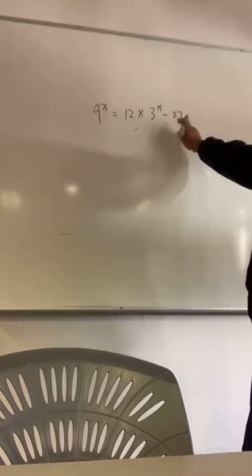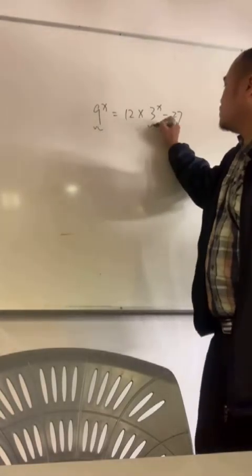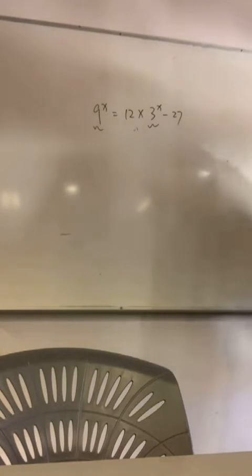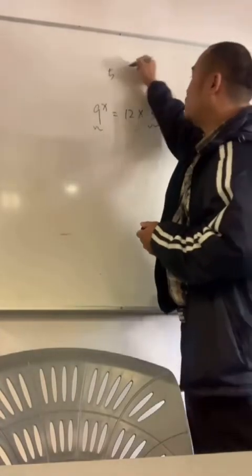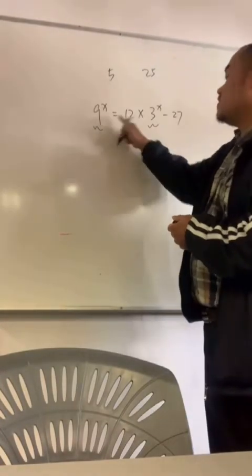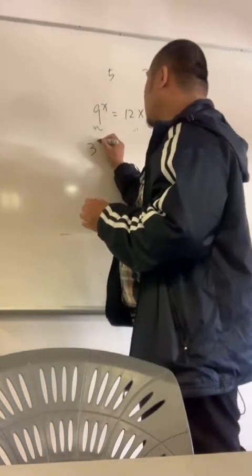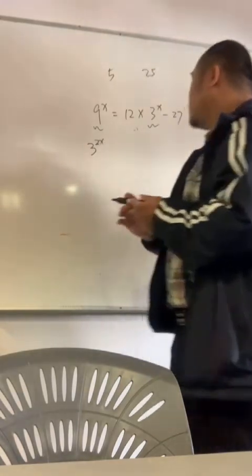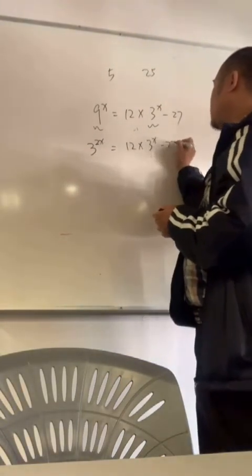But now we need to look at the relationship between these two. Same as just now, with 5 and 25, 9 is the square of 3, right? So if we write it this way, (3^x)^2, equal to 12 times 3^x minus 27.